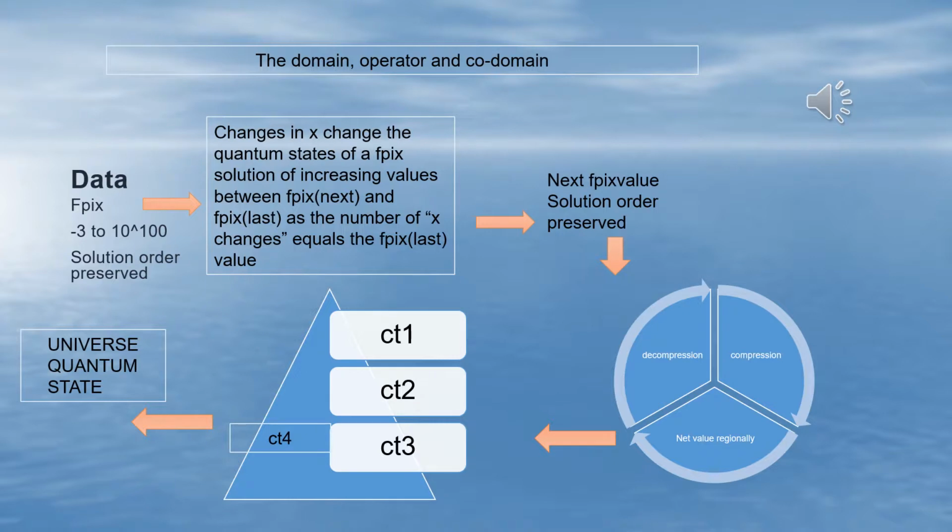This in turn generates the next codomain, which is the compressed CT1, CT2, and CT3 states, and in the example shown generates a combination of these folded in order to make a CT4 state. All of these CT4 states together would define the universe quantum state for any value of x.